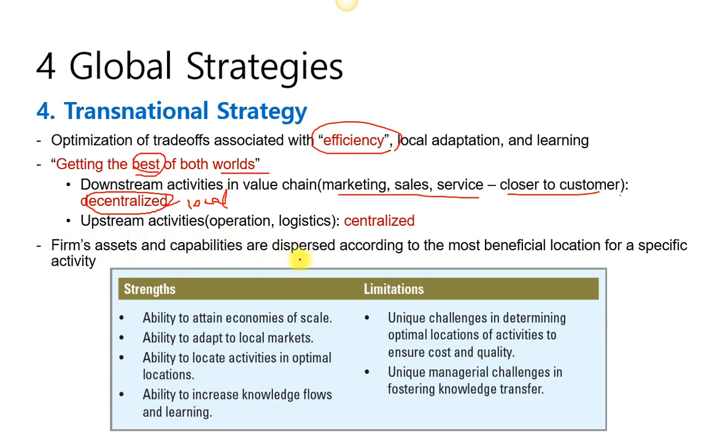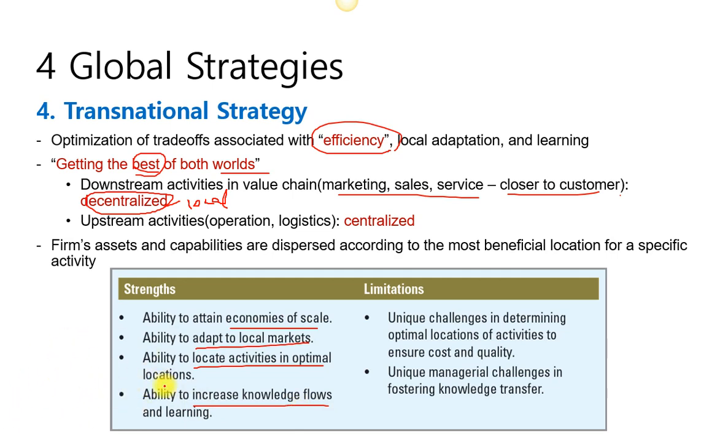Firms' assets and capabilities are dispersed according to the most beneficial location. By doing that, you still have the ability to attain economies of scale, and at the same time adapt to the local markets. Yeah, you locate activities in optimal locations. You can increase the knowledge flow and learning between, say, Vietnam and Korea McDonald's.